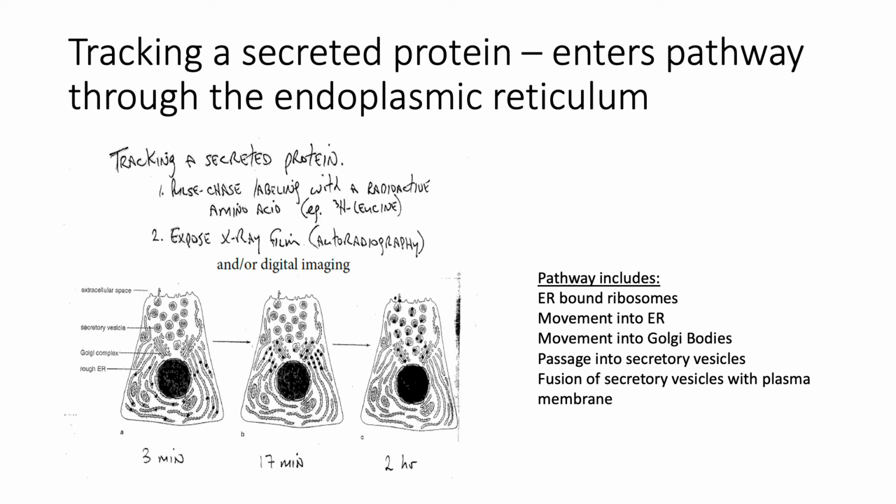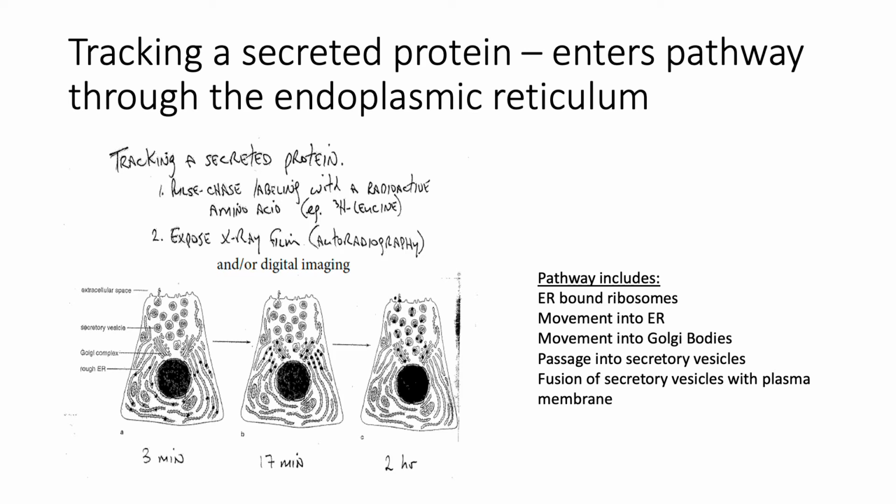The experiment works like this: you have these cells growing, oriented in a specific direction, and you add radioactive leucine to the growth media for 3 minutes. After 3 minutes, you wash out all the radioactive leucine and replace it with non-radioactive leucine. The first 3 minutes is the pulse, and then you have the chase, which in this case is 17 minutes.